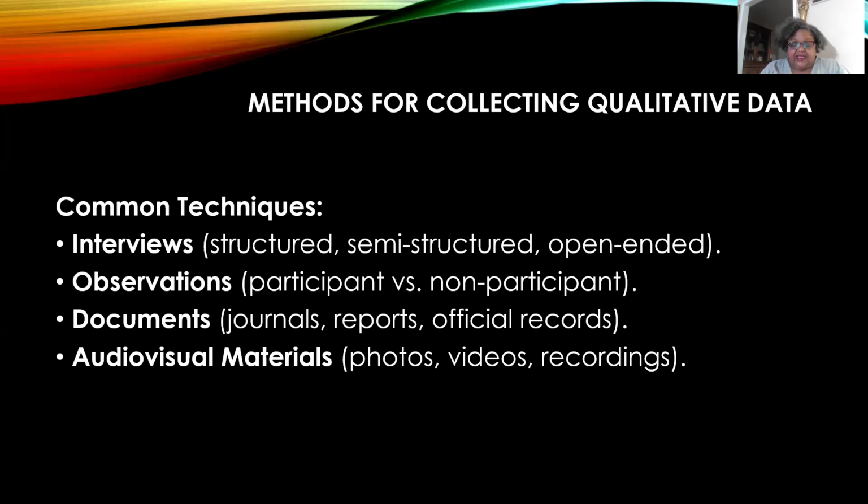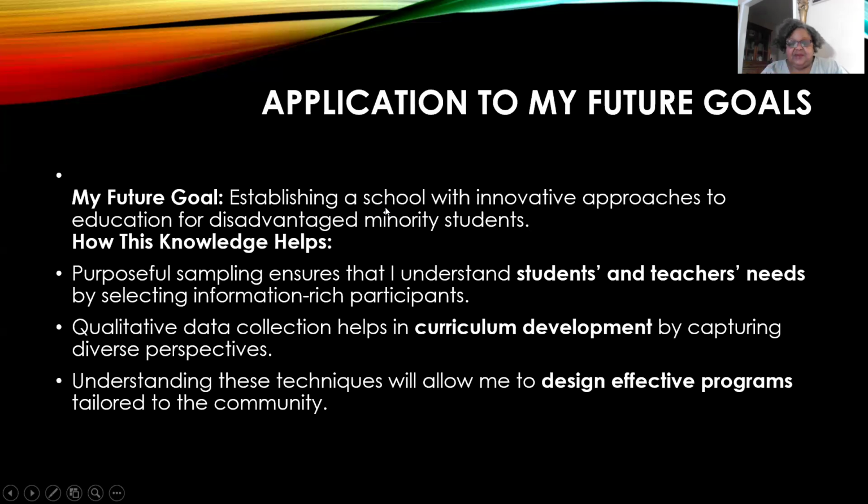So it gives us a unique type of lens. Whereas quantitative would be numbers, qualitative would be individuals. That's kind of how I understood it, and that's what stood out to me.